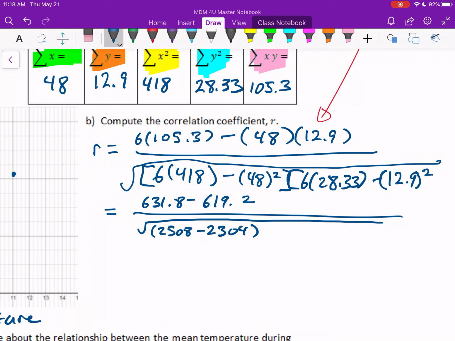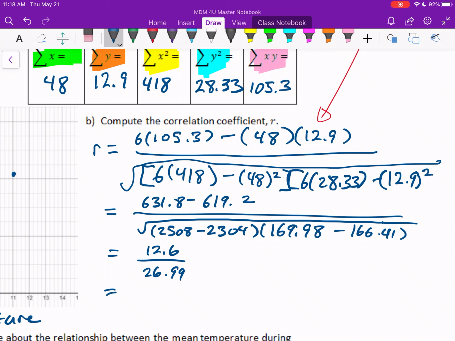Again, just doing a bit of the work here, simplifying it, taking it in stages, in other words. 169.98 minus 166.41, giving me 12.6 over 26.99. Again, I've worked this out ahead of time. Obviously, I'm not typing in my calculator right now, but I'm pretty sure this is correct, 0.467. So that's my r value.